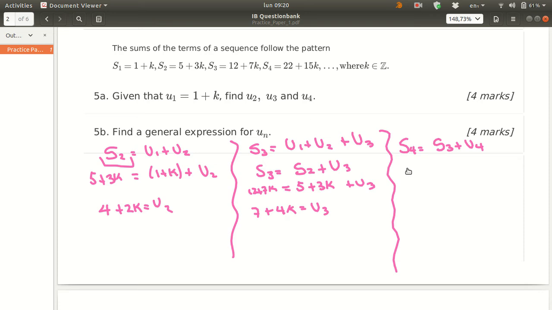So S4 is 22 plus 15k, which is equal to S3, which is 12 plus 7k, and then plus the fourth term. So I'm going to subtract 12 and I'm going to subtract 7k to isolate the fourth term. So 22 minus 12 is 10, and 15 minus 7 is 8, so the fourth term is 10 plus 8k.